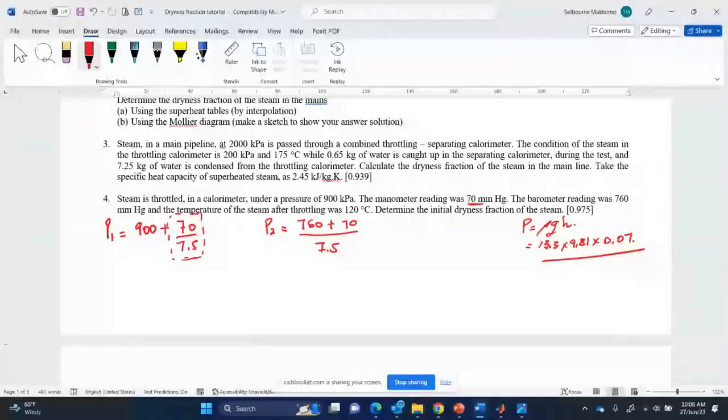So let's see, 70 divided by 7.5 plus... I think, you know what, I want to avoid a confusion here. Otherwise, we are going to have a lot of different answers at the end of the day.